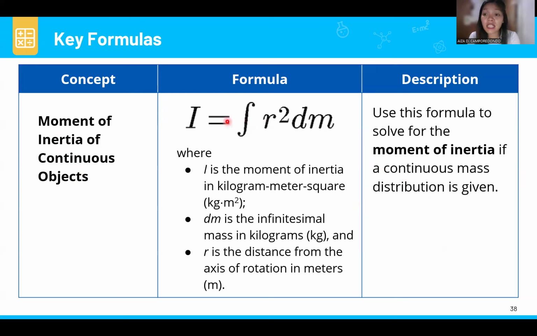We're going to use moment of inertia equals the integral of radius squared multiplied by the infinitesimal mass. And this formula can be derived into another formula depending on the body or the geometry of an object as well as the axis of rotation. Okay, so that's it.